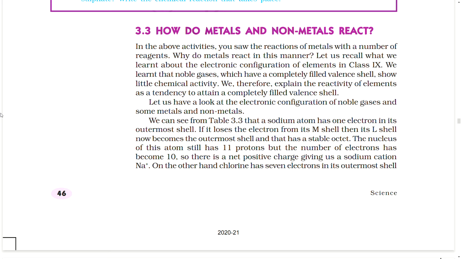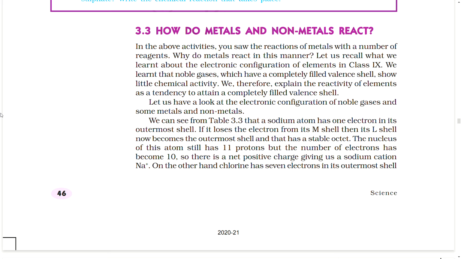How do metals and non-metals react? In the above activities you saw the reactions of metals with a number of reagents. Why do metals react in this manner? Let us recall what we learned about the electronic configuration of elements in class 9.